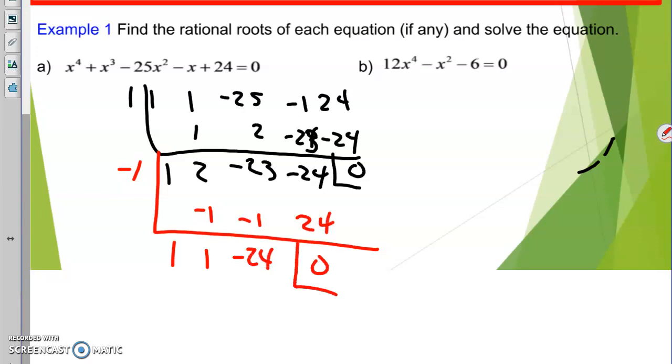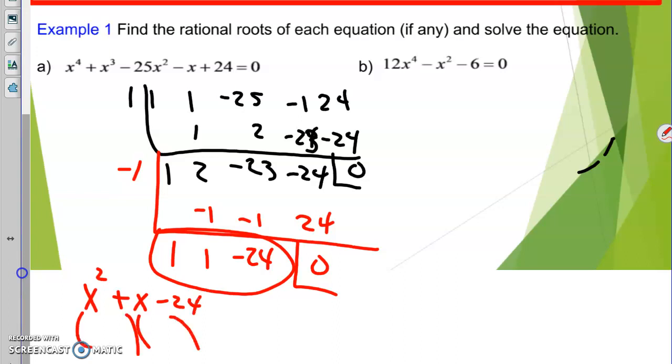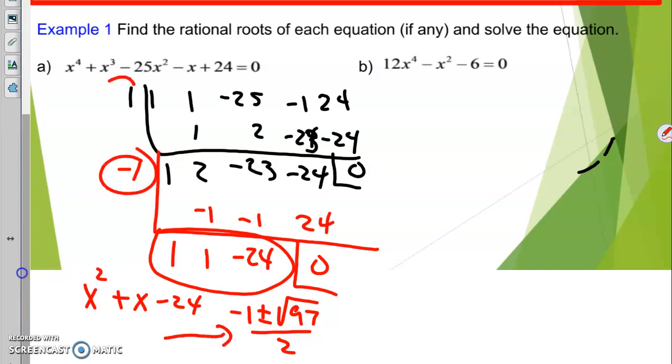So I get an answer of 0, and these are the coefficients on my leftover, so x squared plus x minus 24. If I want to factor that, I get x. Oh boy, that doesn't factor. So I'd have to use the quadratic formula and I'd end up with something like negative 1 plus or minus the square root of 97 over 2. So that's two of the solutions. There's one, there's one.